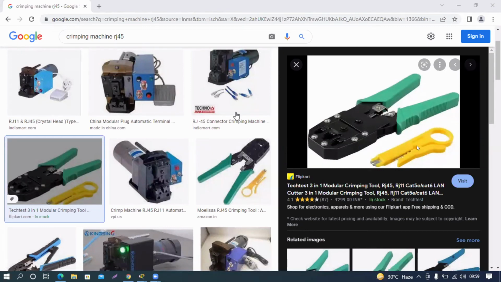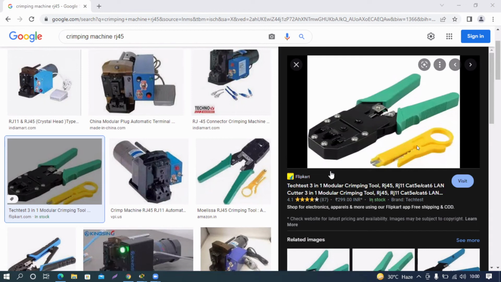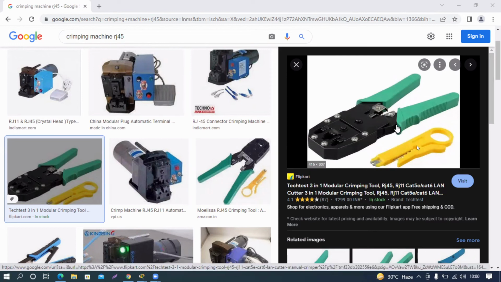But these days we always get the cable with the connector directly when purchasing it, so there is no need for these machines. Still, it is important to know how to make the cable. You can find practical videos on the internet, on YouTube, for cable crimping. So simply use it. Okay, sir.